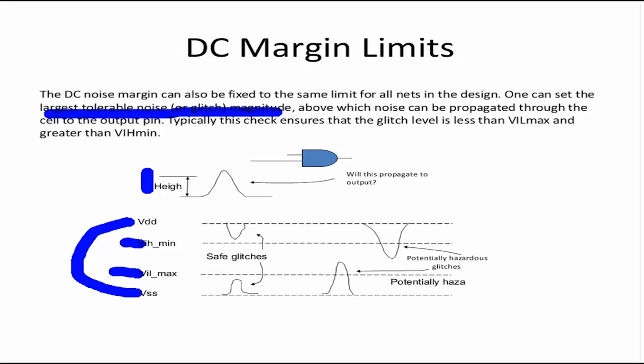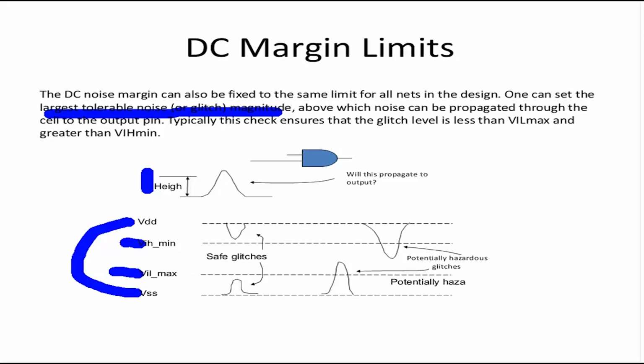When I say that, it means the noise margins are very good. So most of the glitches are filtered out by the cells themselves. Any small glitch which is below the limit will not propagate at the output of the cell.